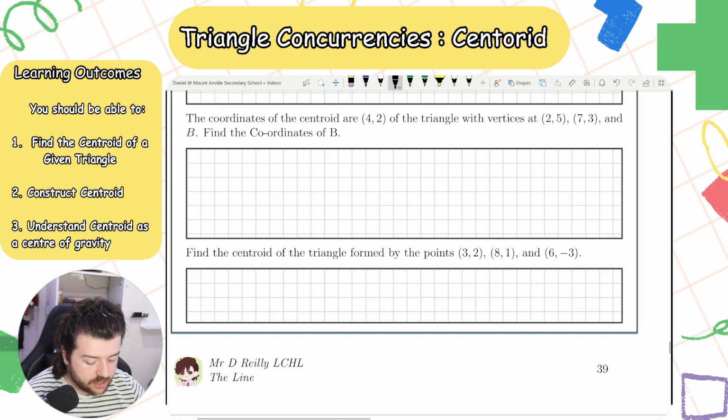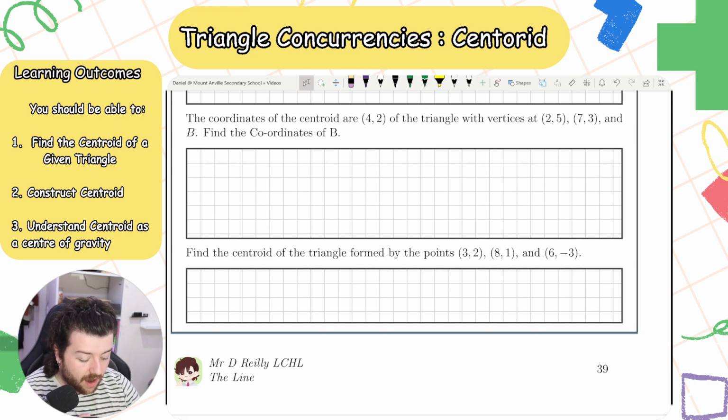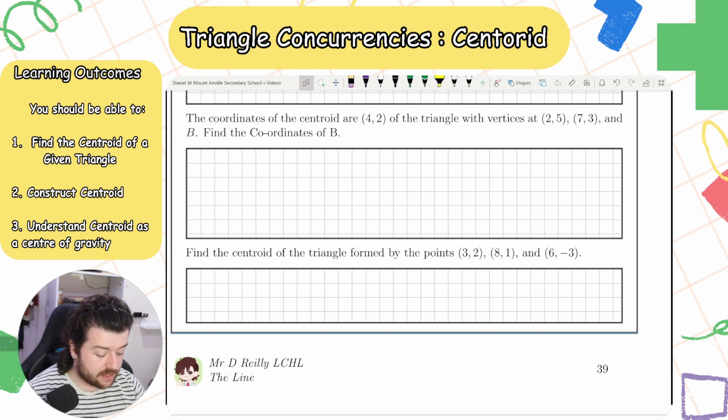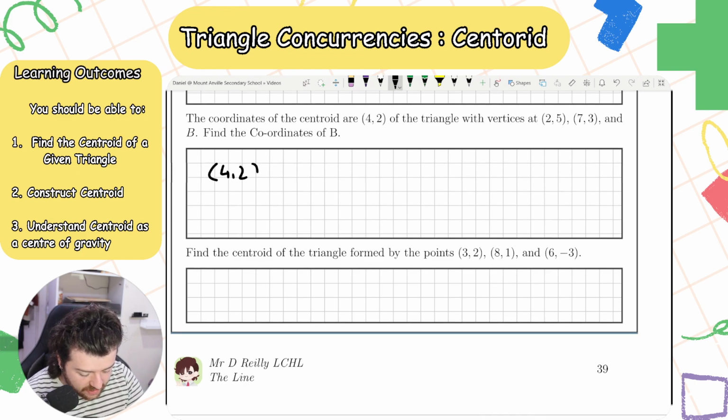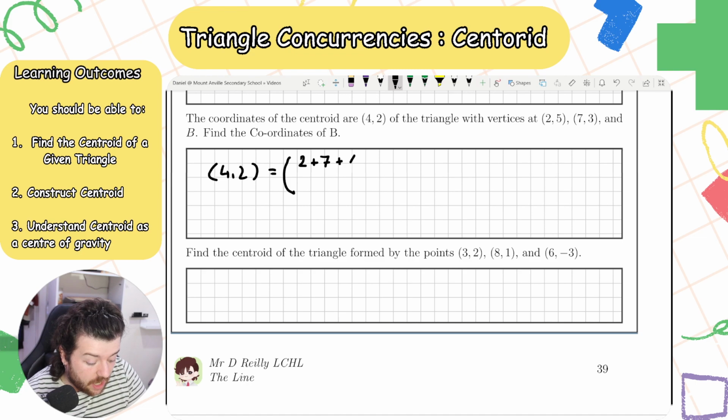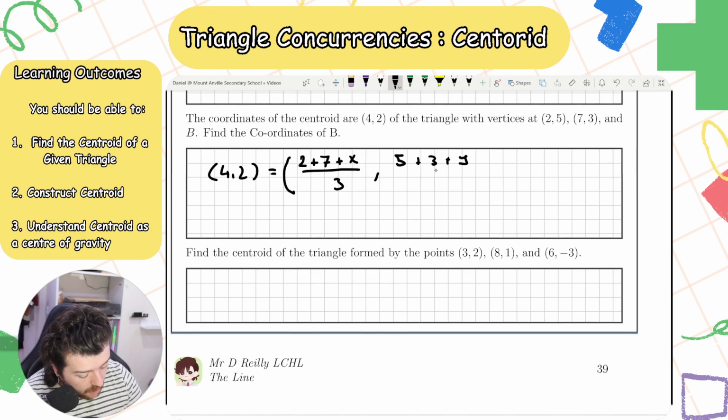Let's have a look at the next question now. The coordinates of the centroid are (4, 2) of the triangle with vertices (2, 5), (7, 3), and B. Find the coordinates of B. We know my centroid is (4, 2). That is going to be equal to (2 plus 7 plus x) divided by 3, where x is the unknown x-coordinate of B, and then (5 plus 3 plus y) divided by 3.